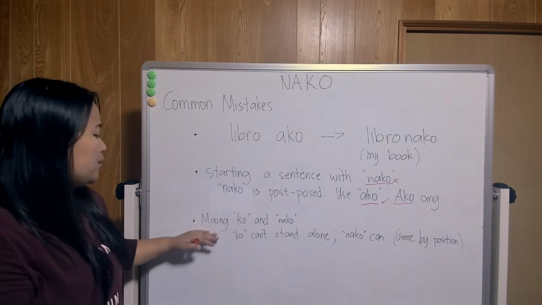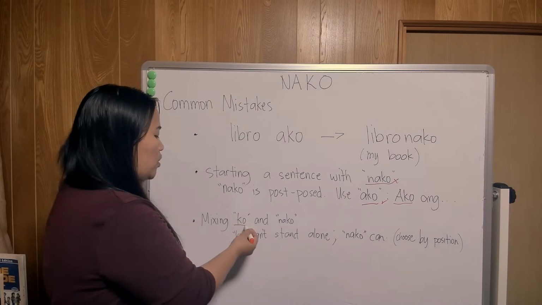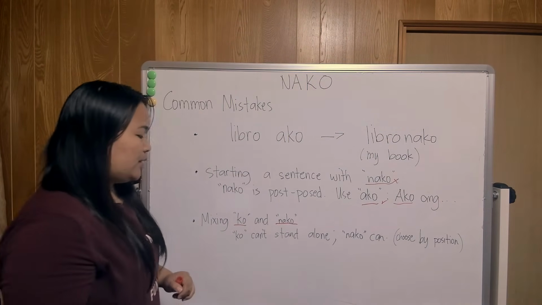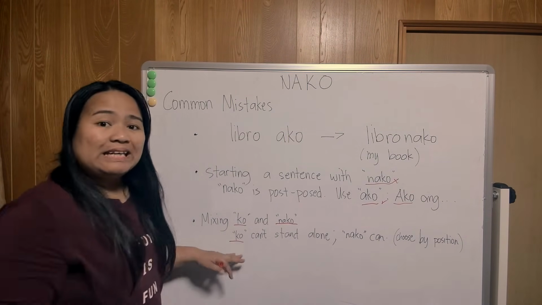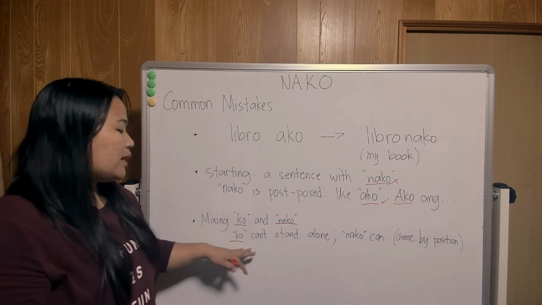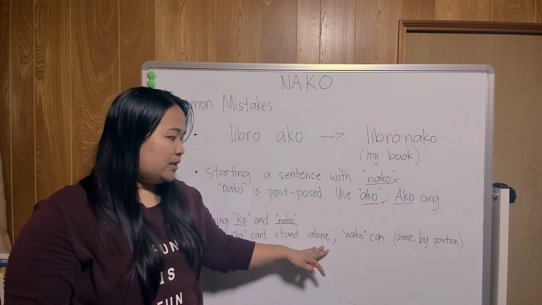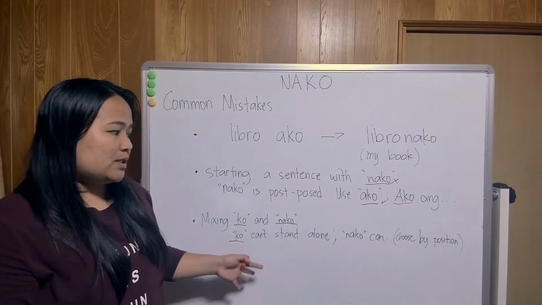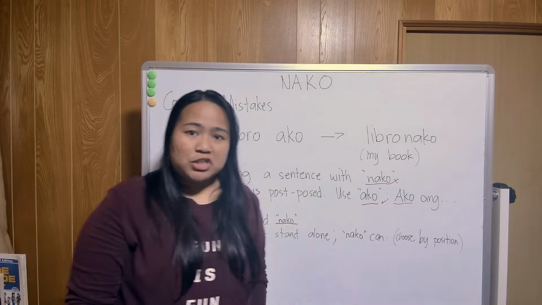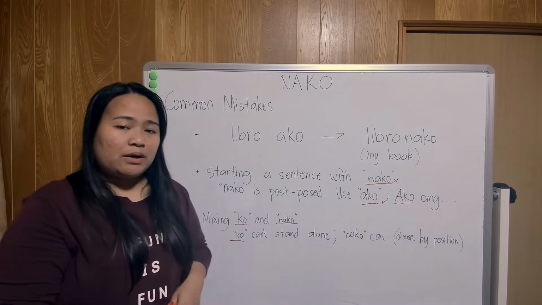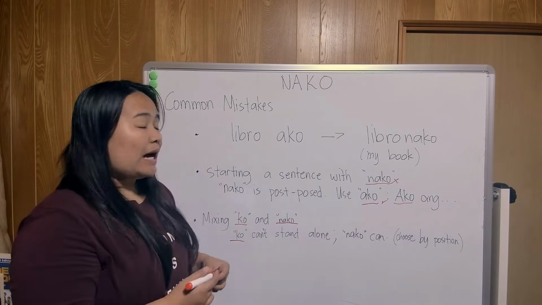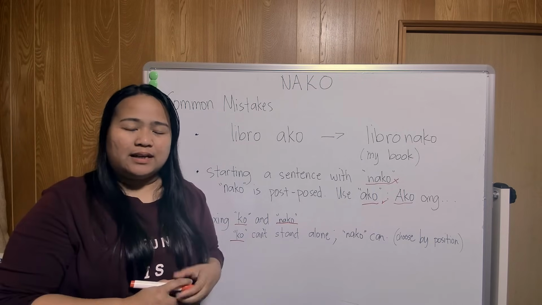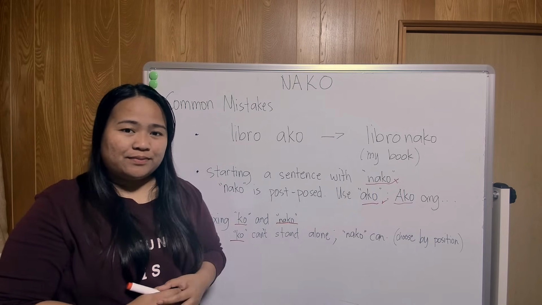And for mixing ko and nako: ko is the enclitic one. Ko can't stand alone, but nako can. So you can choose by position. A while ago we've learned about the position of nako. You can check that again for reference.